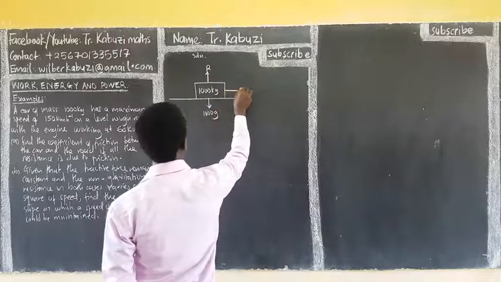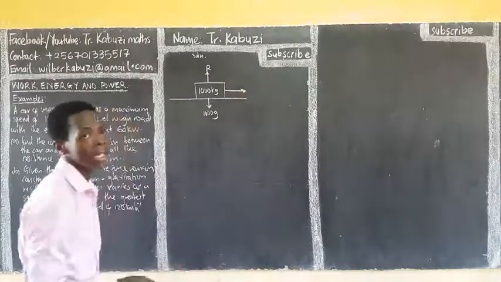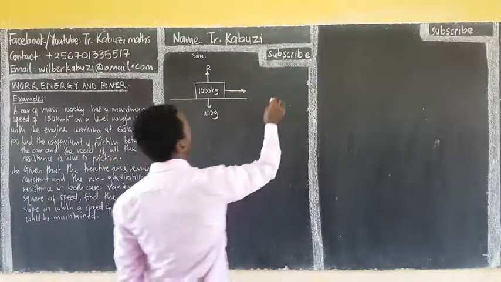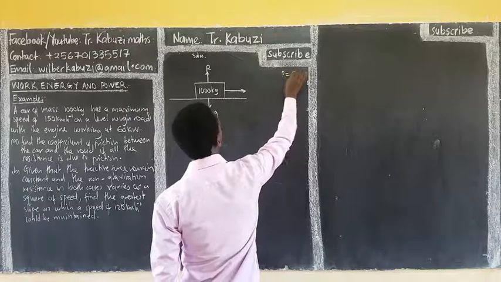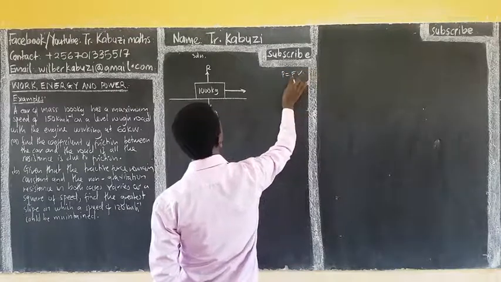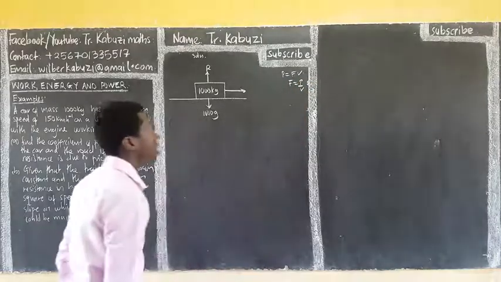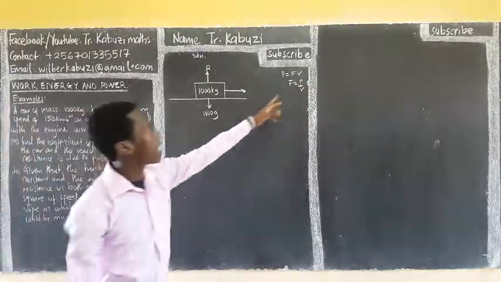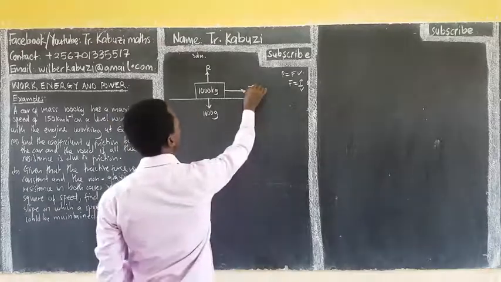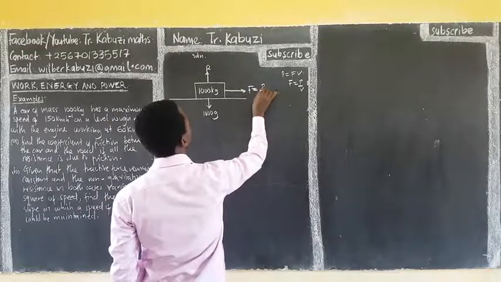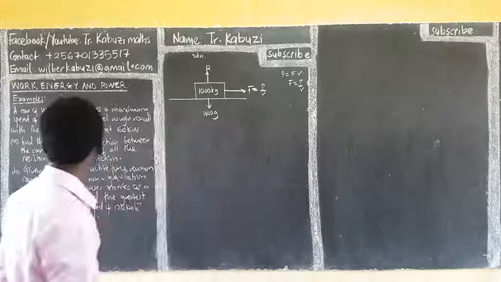We are going to have a force pulling it in that direction. Remember, from power equal to FV, this force is going to be equal to P over V. That's the force pulling our car in that direction.